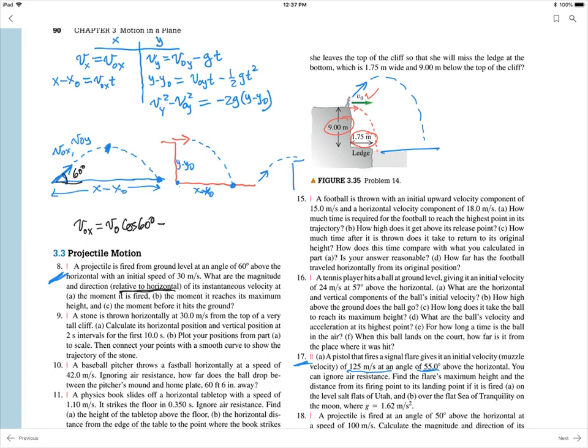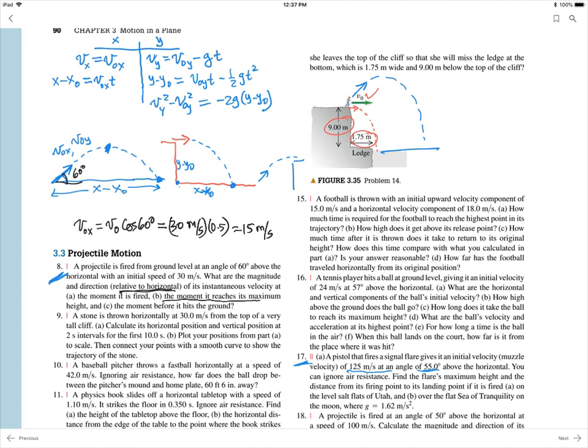So you get cosine 60 is 1/2. So basically you get 30 meters per second times 1/2, which is 0.5. So you get 15 meters per second. That's your V0x. Now, the moment it is fired, that's the answer.